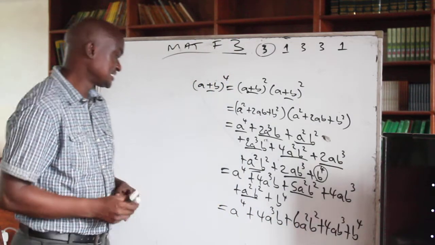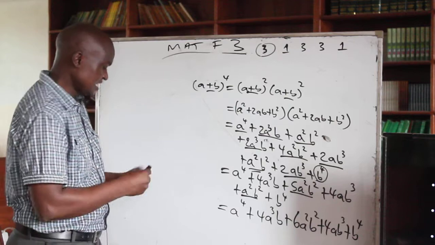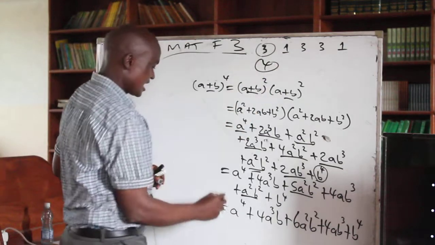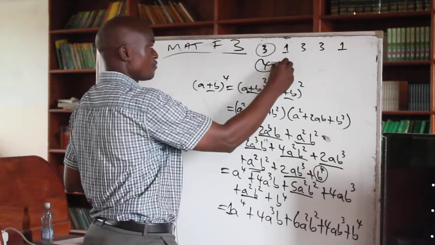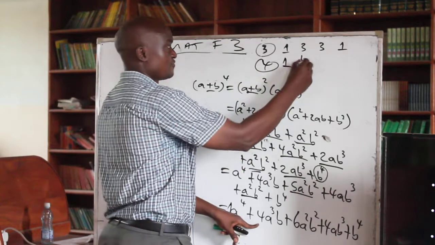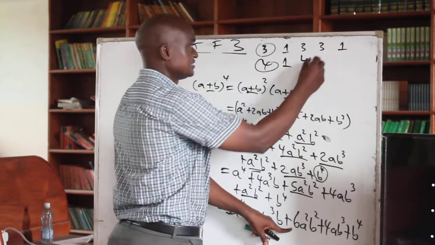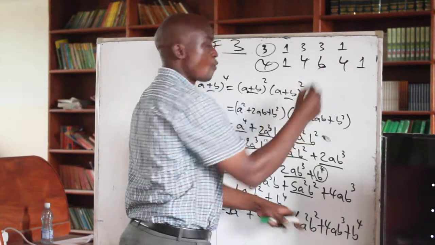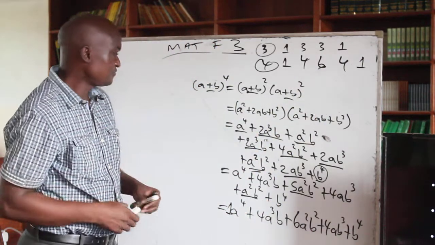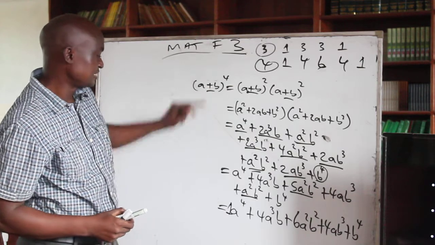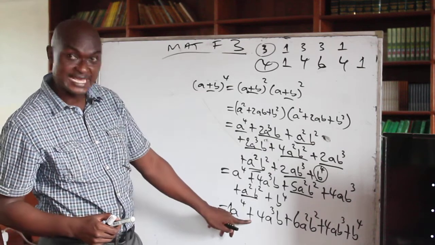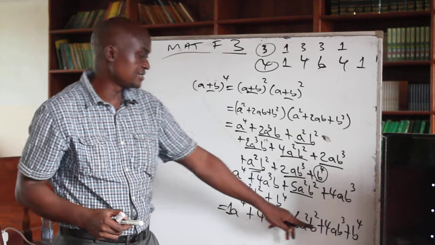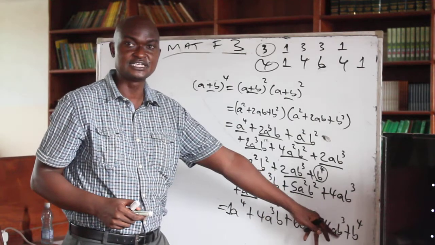So if you look at it, the coefficients for power 4 are 1, 4, 6, 4, and 1. If this was negative, it will be positive, negative, positive, negative, and then ultimately positive.